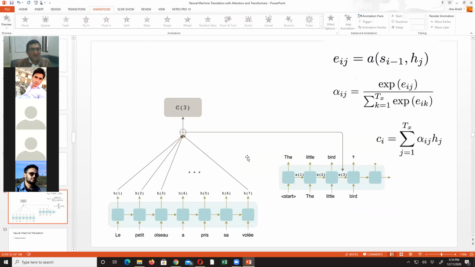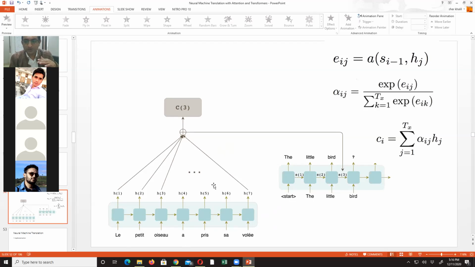So at the training time, we know that when I have seen, at the end, a hidden state, and the previous word is bird, I need to know what I need to predict. If that prediction is bird, then the weights are okay. But if that is not bird, then I update the weights of all these encoders.